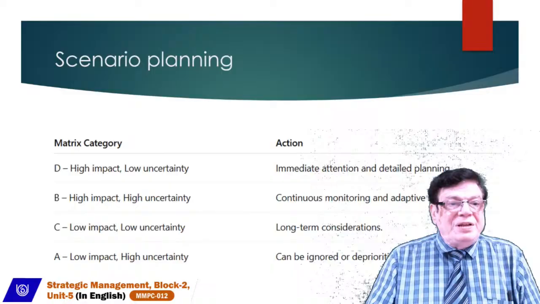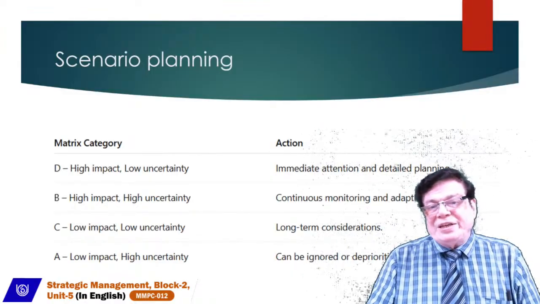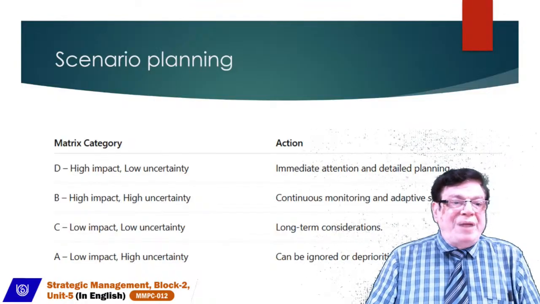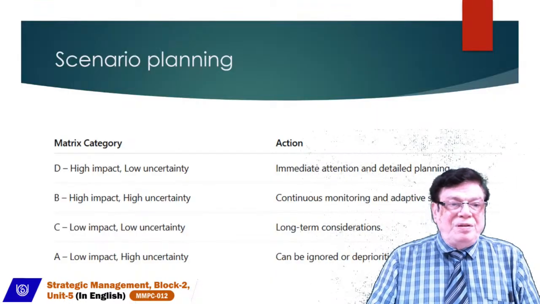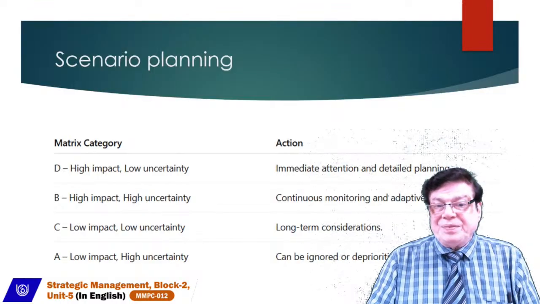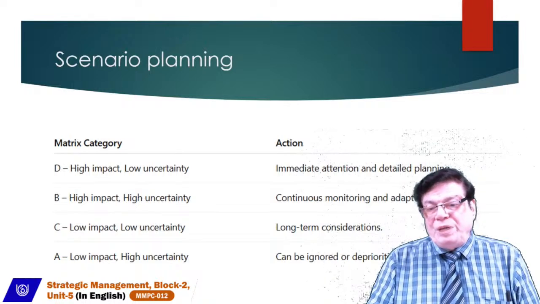In scenario planning, what is the matrix mix and what is the action required? For example, low impact, high uncertainty can be ignored or deprioritized.